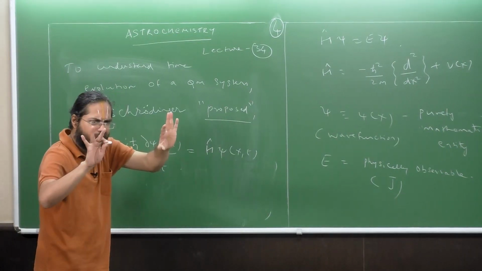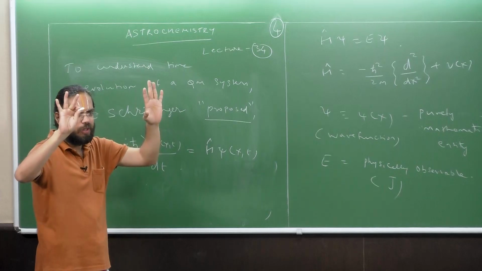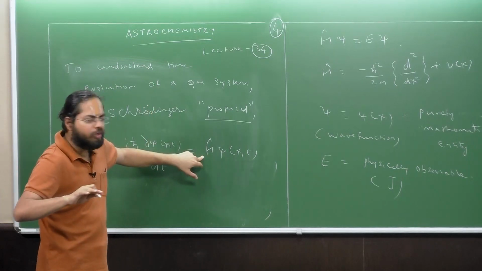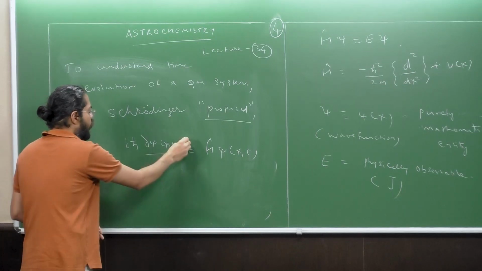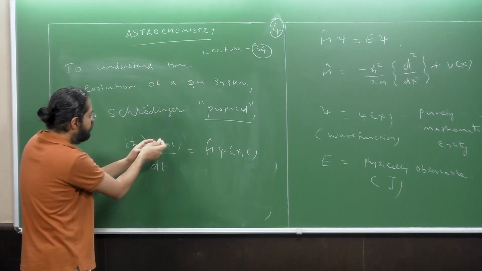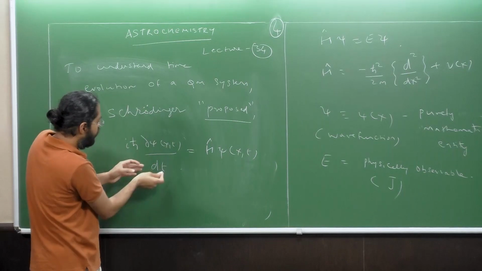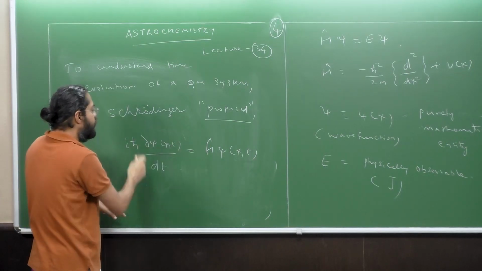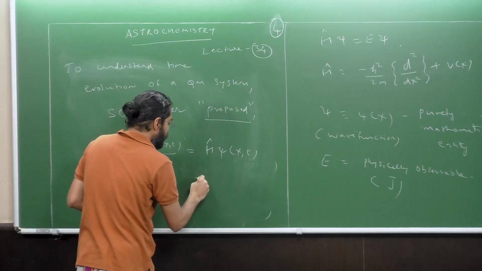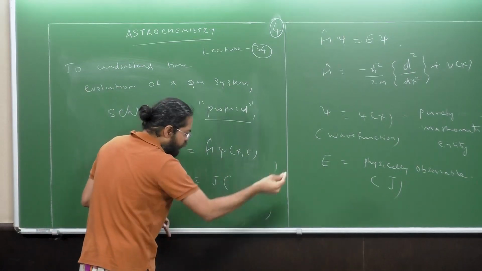Again, we don't know what the wave function's unit is, so we'll just give it some wave function unit, WFU. This whole thing should correspond to some joule times some wave function unit.